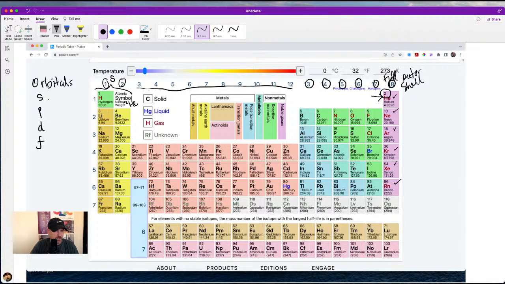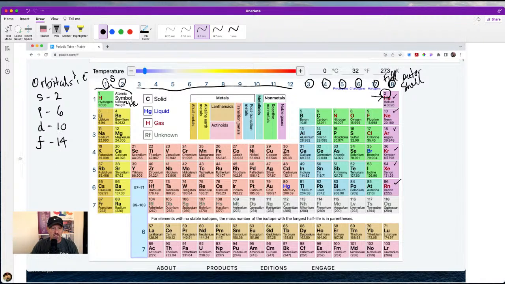The maximum number of electrons in the s orbital is 2. The maximum in the p orbital is 6. We'll get to all of this. The maximum in the d orbital is 10, and f is 14. Now, if you look at it this way, the number of pairs is 1, 3, 5, and 7.